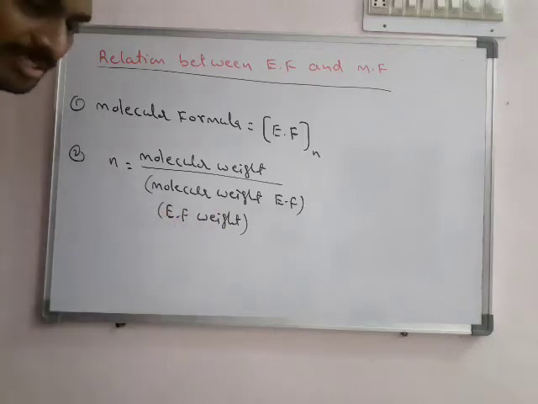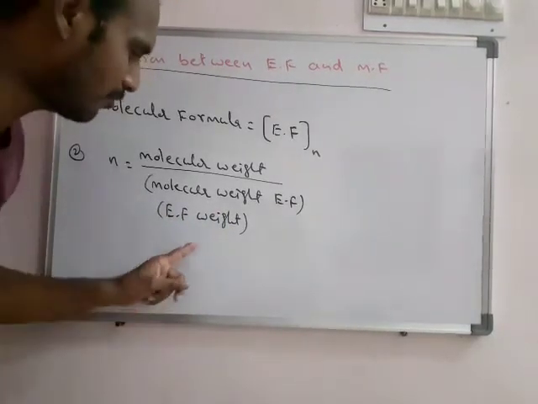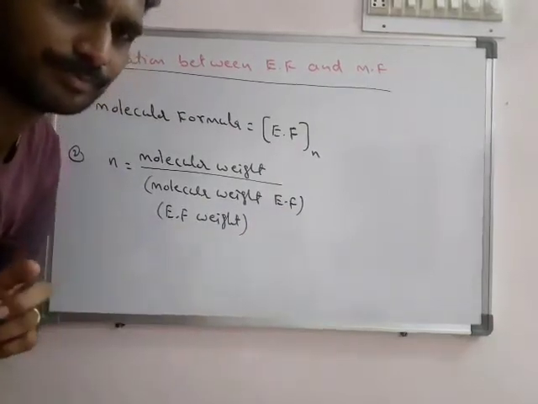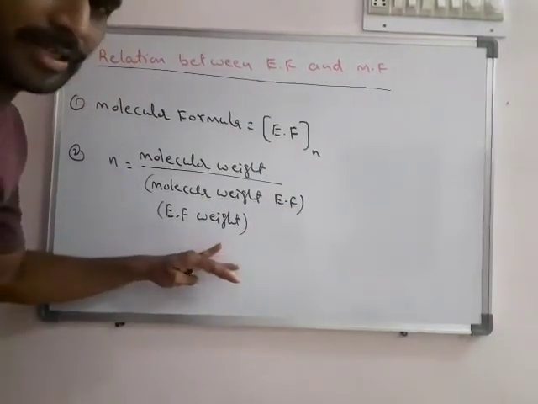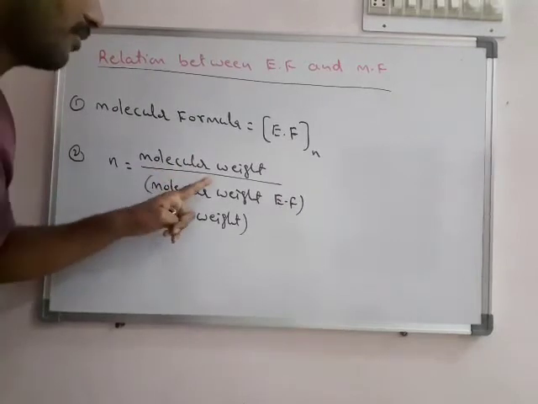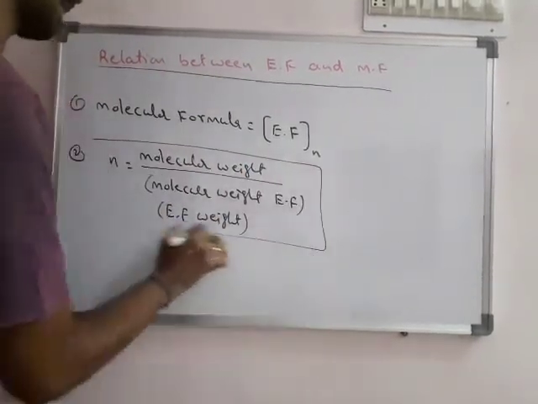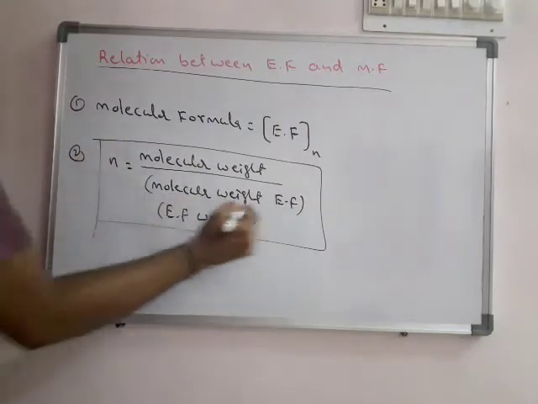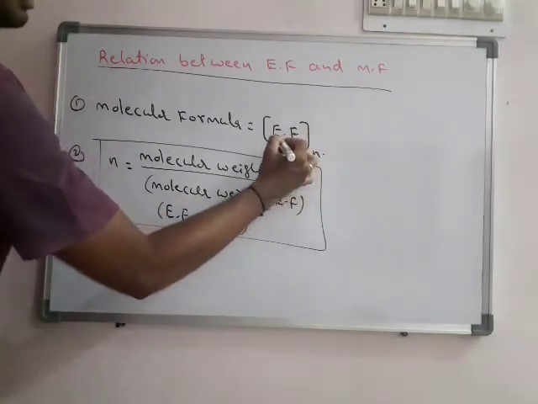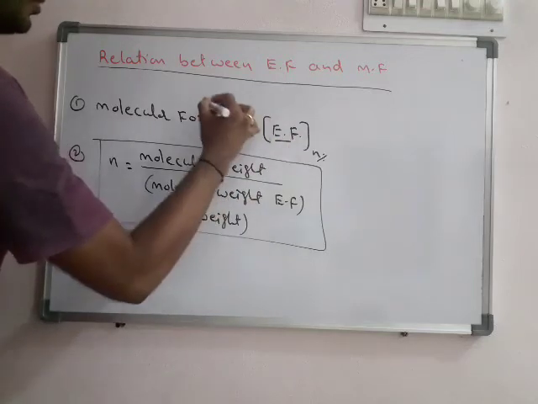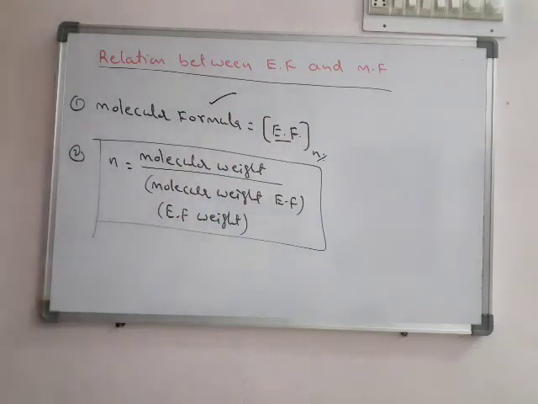Or we can write empirical formula weight and molecular weight of the compound. Okay, using this formula we calculate the n. This n value is substituted here. After knowing the empirical formula and n value, with the help of these two we are able to write the molecular formula. Okay, now we do a problem based on it.